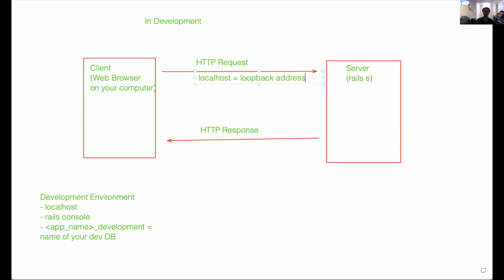It's called loopback because rather than going out into the internet, it's essentially sending a request from your computer to your own computer. Then this Rails server is Rails S, more specifically Rails S in the terminal on your computer.